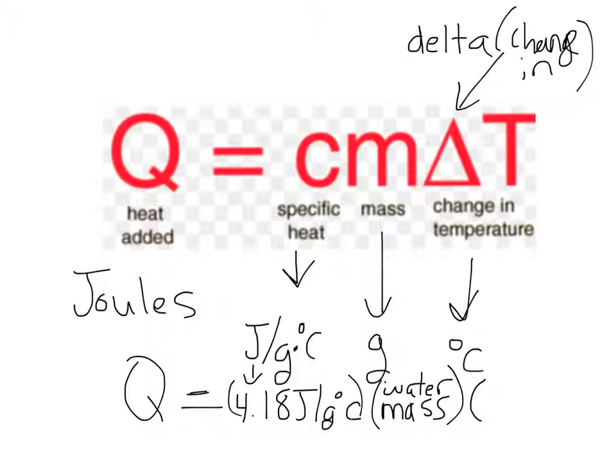So you've got both of those and you have to subtract, and then you're going to do that change in temperature here. Make sure that's in degrees Celsius. So you multiply all that together and you should get a value for Q that will tell you in joules, that's the units you'll wind up with, in joules how much energy was absorbed by the water. After you have this number, you're going to use it in the next equation in number 4.